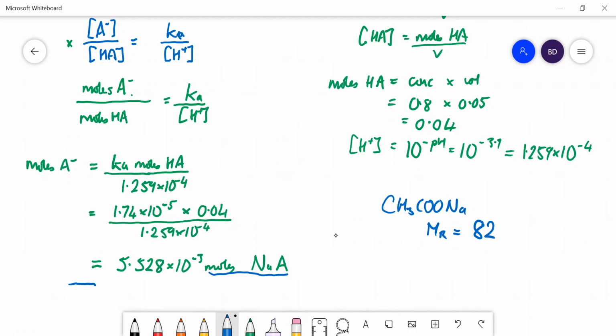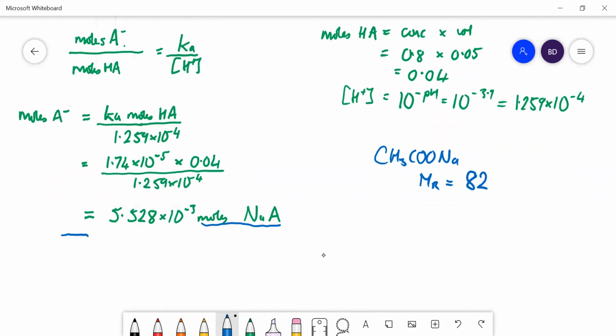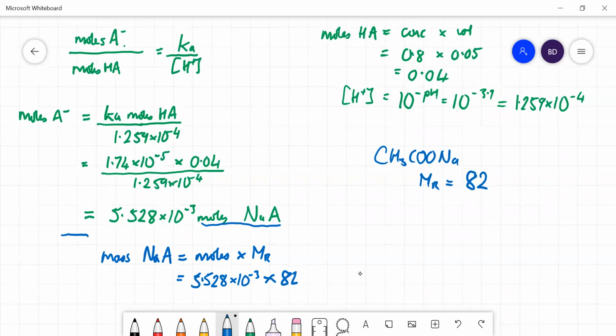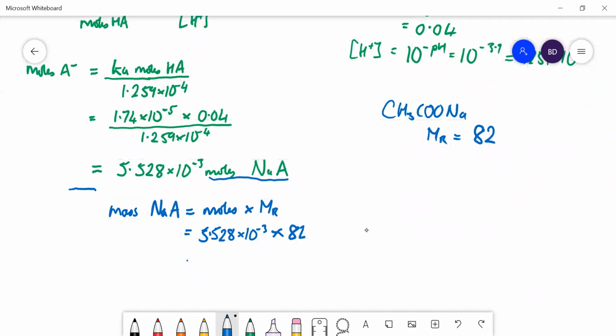So mass of sodium ethanoate is equal to moles times Mr: 5.528 times 10 to the minus 3 multiplied by 82, which gives us 0.453 grams. That is our answer.